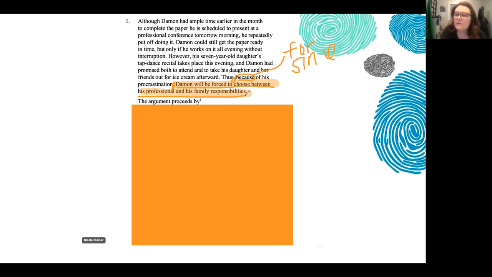responsibilities. Once we find the conclusion, what we want to do then is, in our own words, explain how we were able to draw this conclusion. So go ahead and take about 30 seconds to either think or type up what the author does to get there, to show us that this is the conclusion.